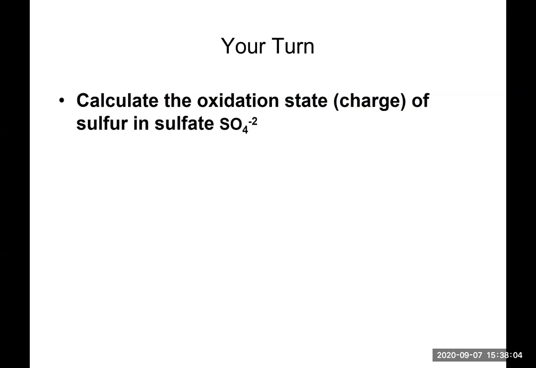So let's calculate the oxidation state, or again, apparent charge of sulfur in sulfate. We have 4 oxygens, and we know oxygens are foolproof, and the charge on each oxygen is -2. That gives us a total of -8 for the oxygens.